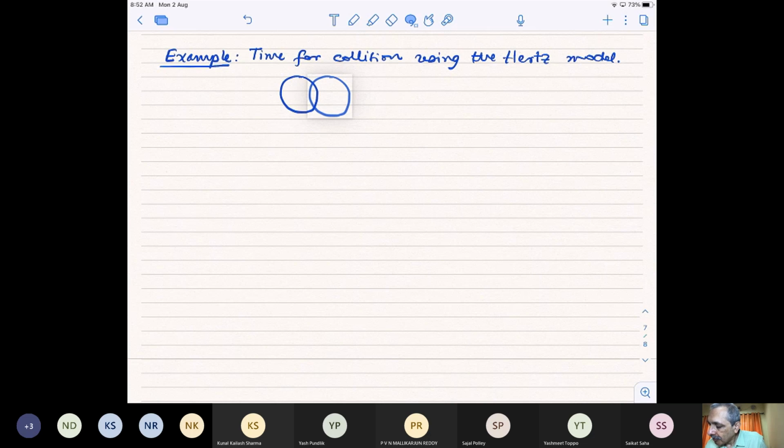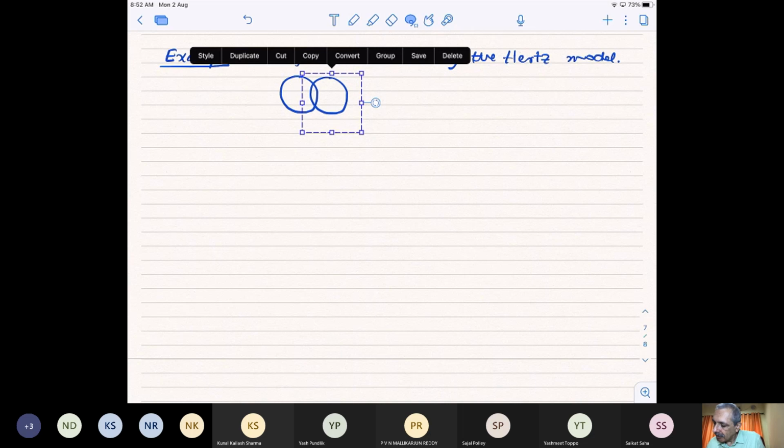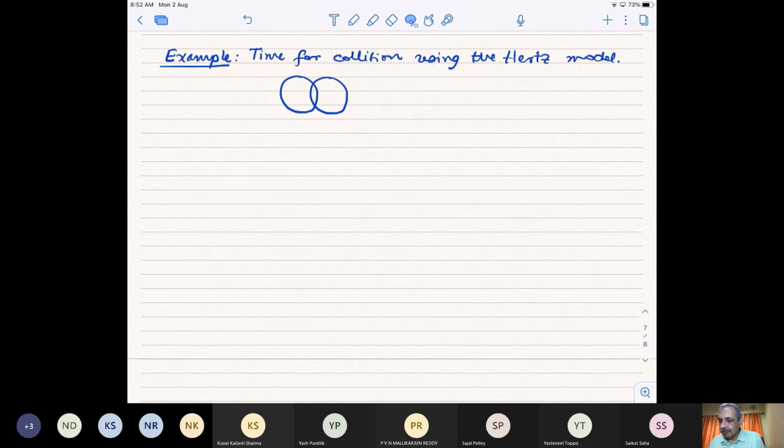Now there's an elastic force pushing the particles apart, and so then they go out again. So this is the whole collision. There is an overlap and then it goes away. There's no force when they are not touching, but when they overlap, there is a force. So we want to calculate how long it takes for such a collision to take place.